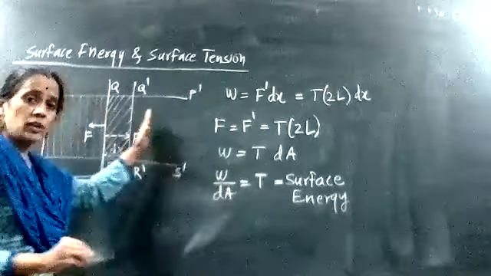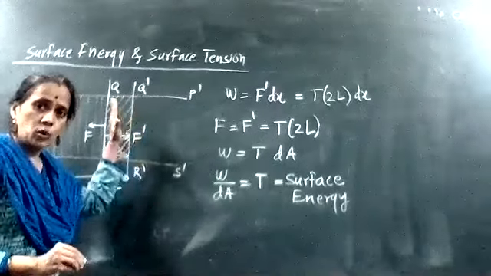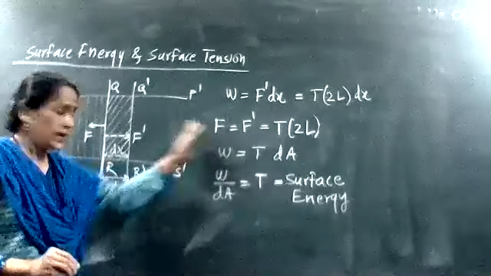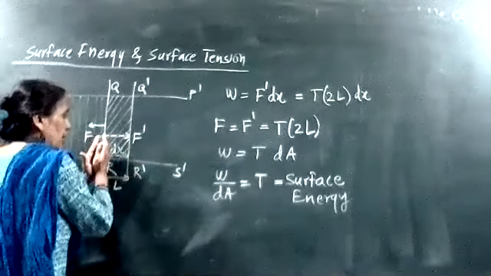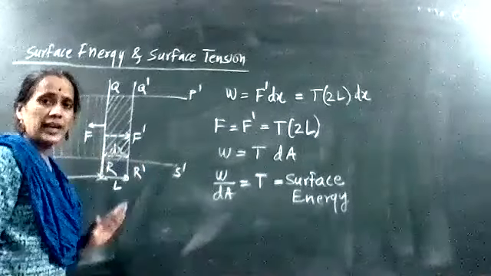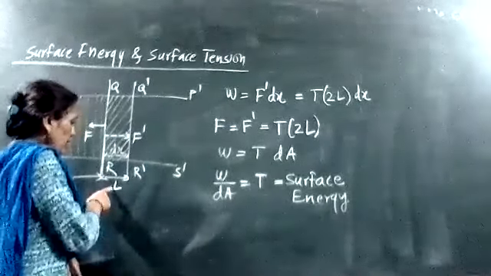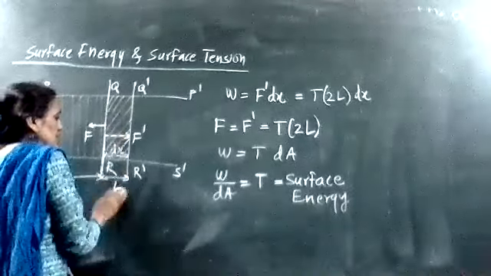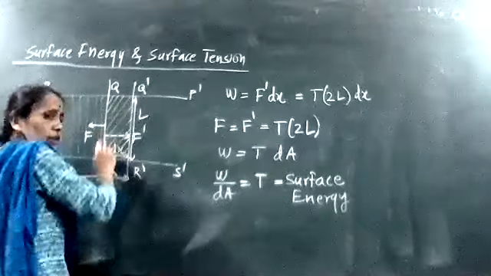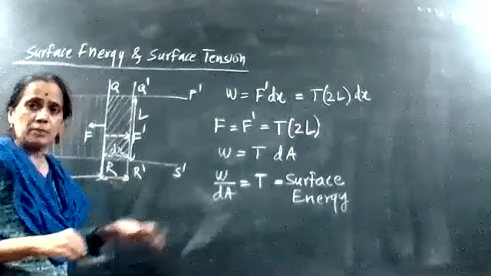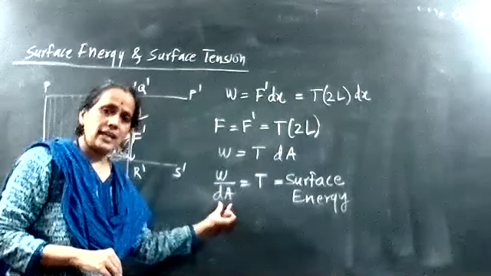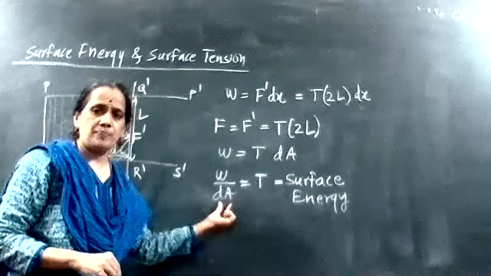Because you are pulling your QR towards the left hand side. Is it right? Therefore, the area of the film will get extended. The area of the surface film will get increased. How much area? L into dx. That is nothing but the extended area. So this dA is nothing but the increased area.